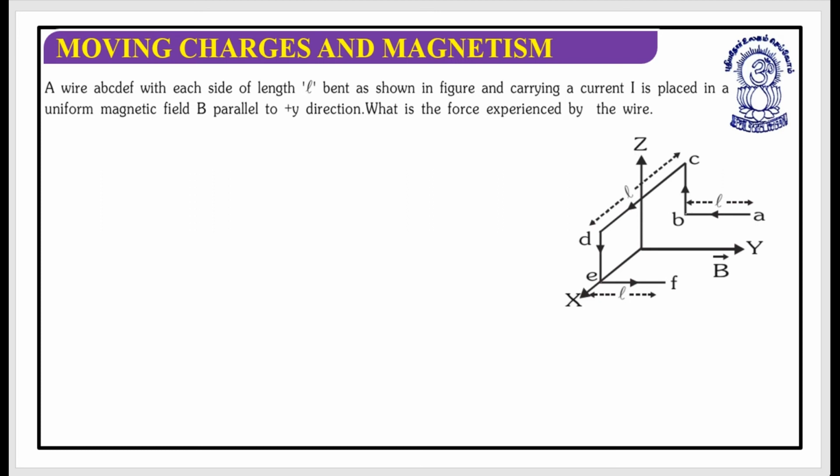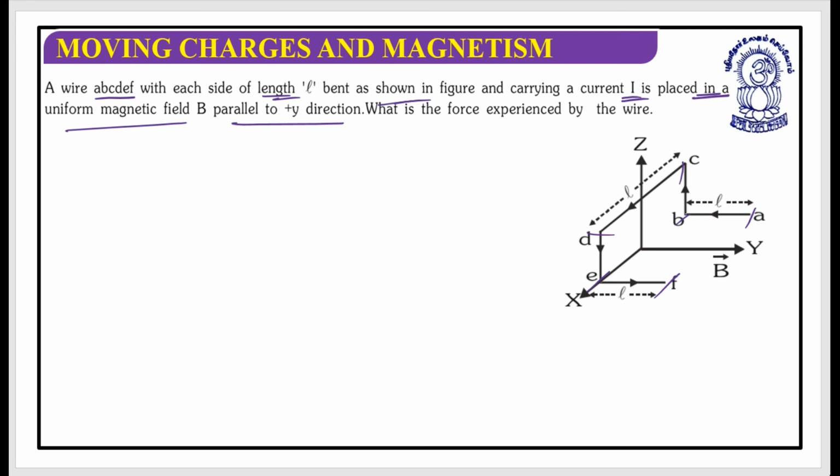Now look at this, go through the data. What does it say? A wire ABCDEF, so begin from A to B, B to C, C to D, D to E, E to F, with each side of length L, is bent as shown in the figure and carrying a current I, placed in a uniform magnetic field B which is parallel to the plus y direction.